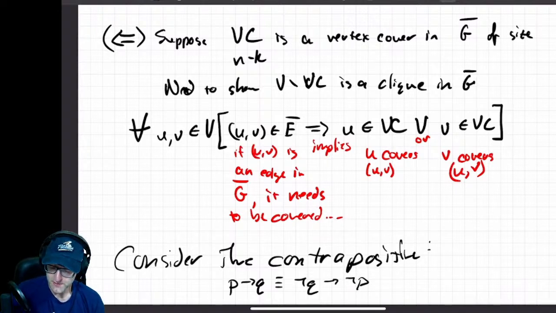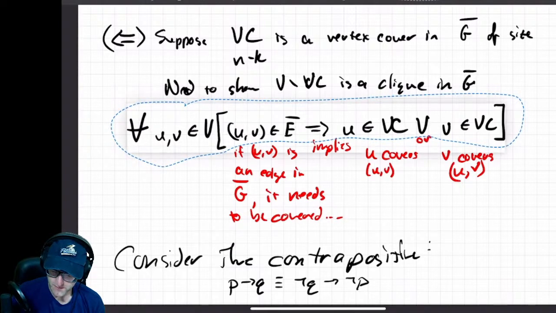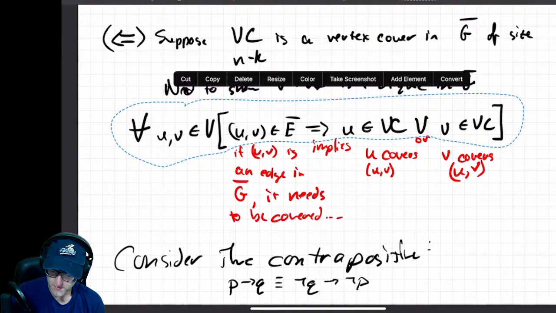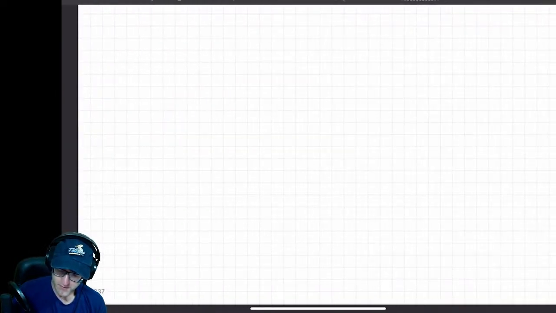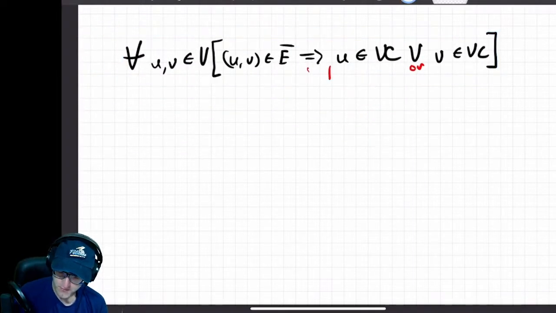So in this case, let me go ahead and copy this and go to another slide. I'll be very careful. Copy. Paste. I can get rid of the red annotations really quick here.